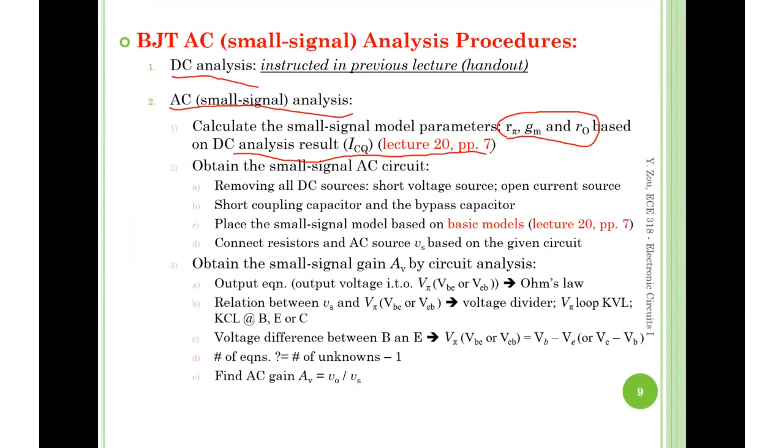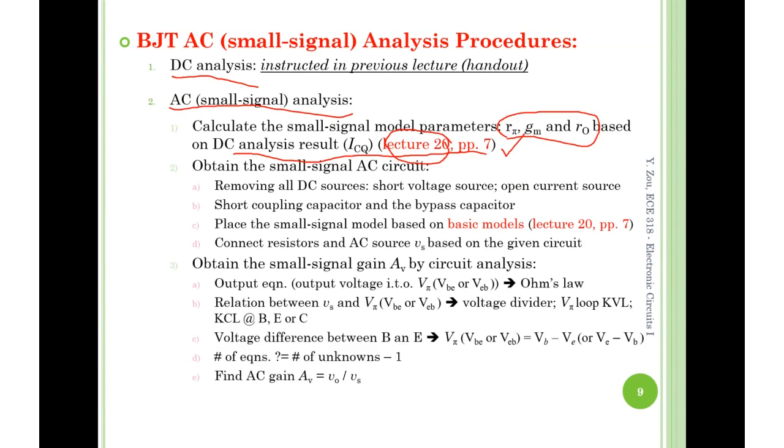This lecture 20 means the PPT slides 20 rather than lecture 20, because the lecture is obviously 23. Anyways, this is one handout, the most important page for today.